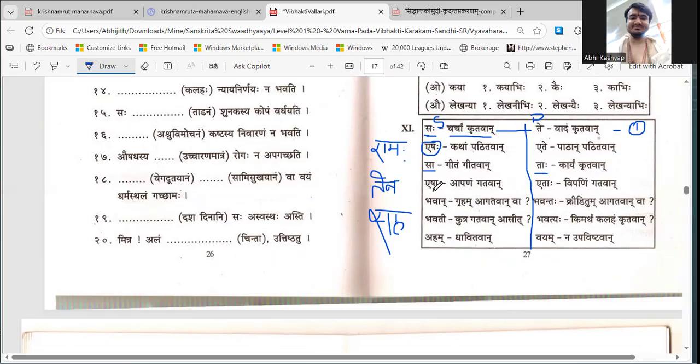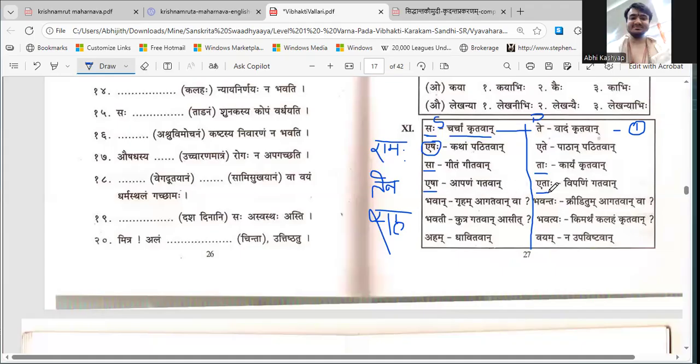Esha will be etaya. So it is going to be Ramaha etaya saha aapanam gatavan.